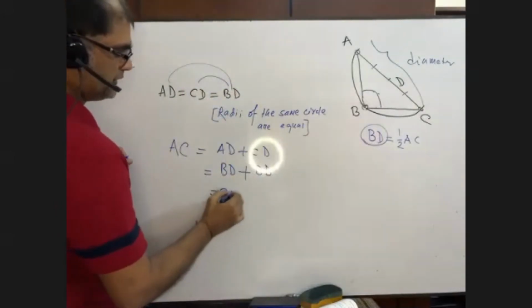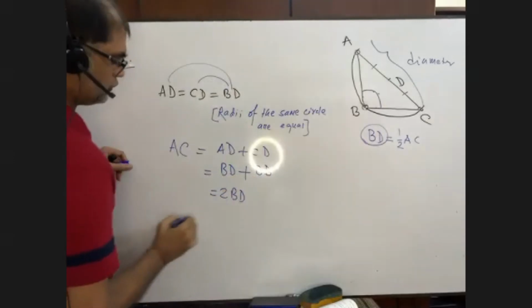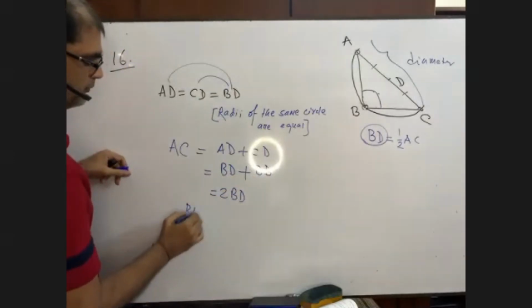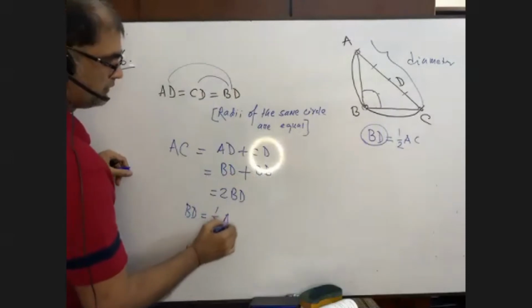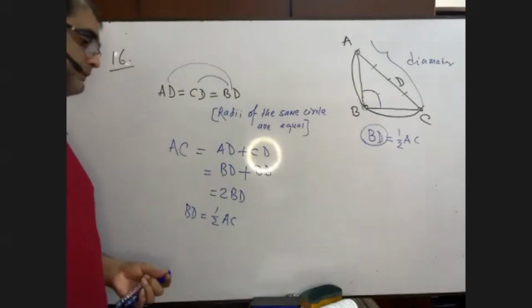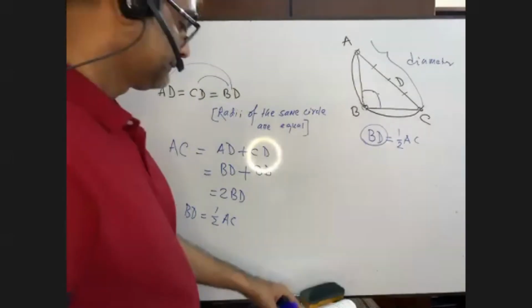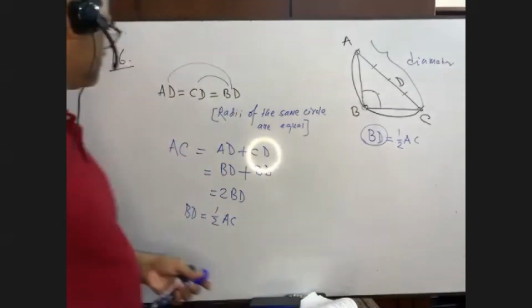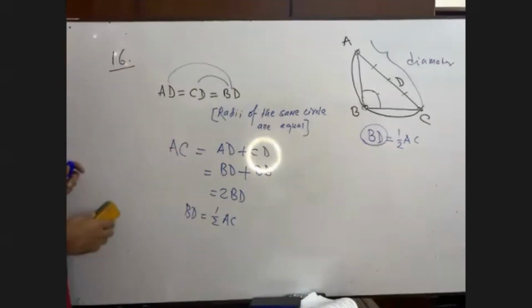That is twice BD. So we can write BD equals half of AC. Have you got me?